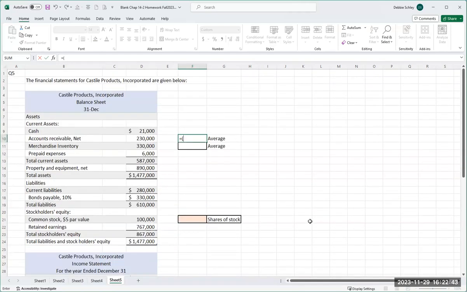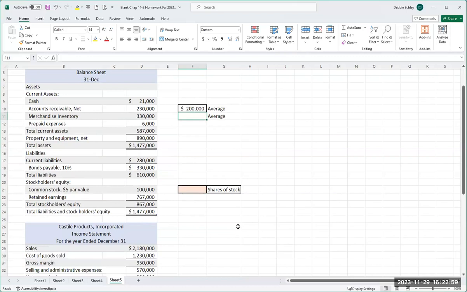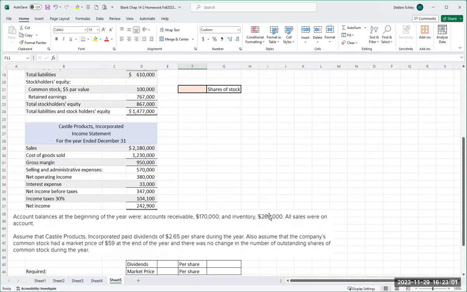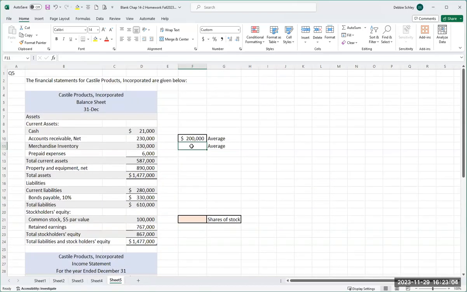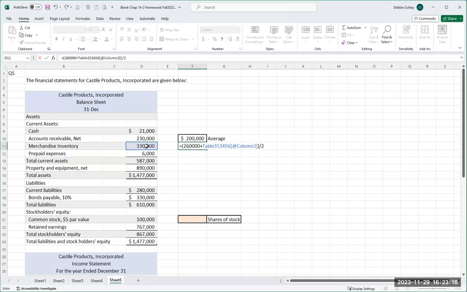So 170,000 plus 230,000, close parentheses, divide by 2. And then merchandise inventory was 260,000. So equals parentheses 260,000 plus 330,000 from the balance sheet, close parentheses, divide by 2.